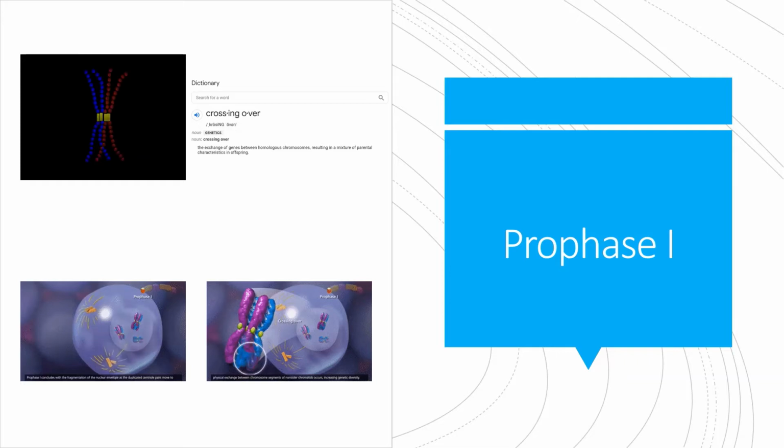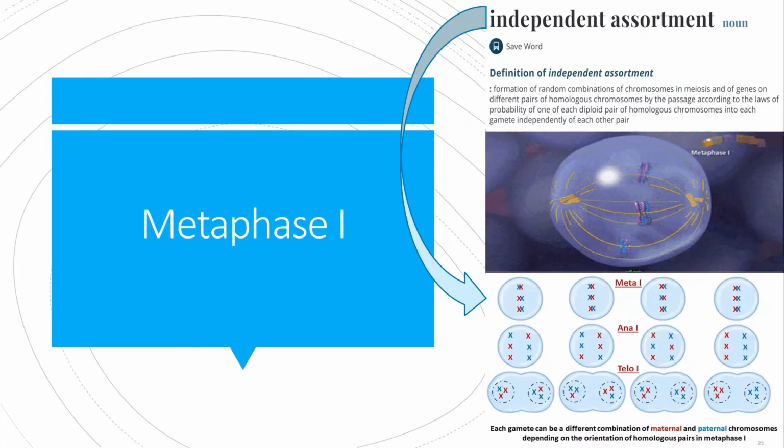So essentially what you're going to have after this crossing over process is that each chromosome that originally came from father is going to have a little bit of the mother's DNA on it, and then all the mother's chromosomes are going to have a little information from the father's DNA on them.